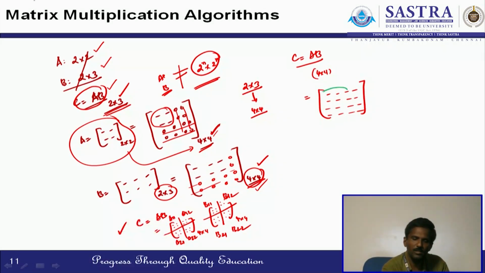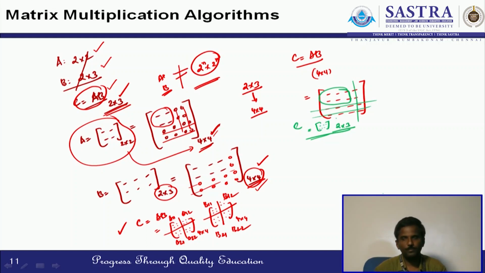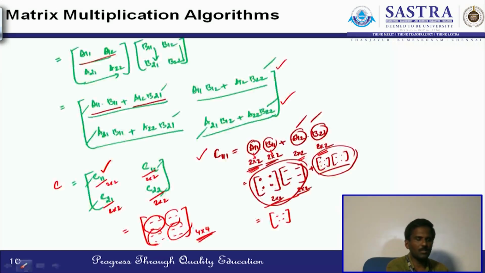The remaining elements are ignored, the remaining elements will be zeros. Only this portion, 2 rows and 3 columns, is the actual product of the two matrices A and B with orders 2 by 2 and 2 by 3. This is the logic of a divide and conquer based matrix multiplication algorithm.